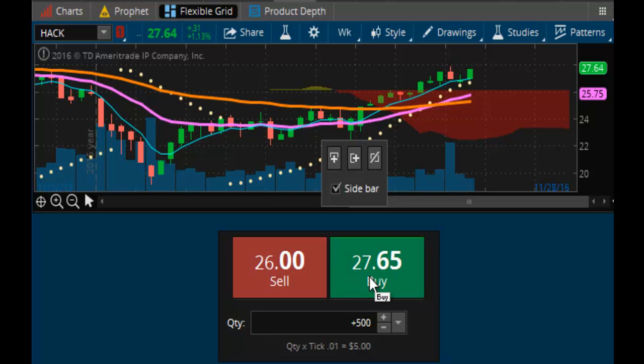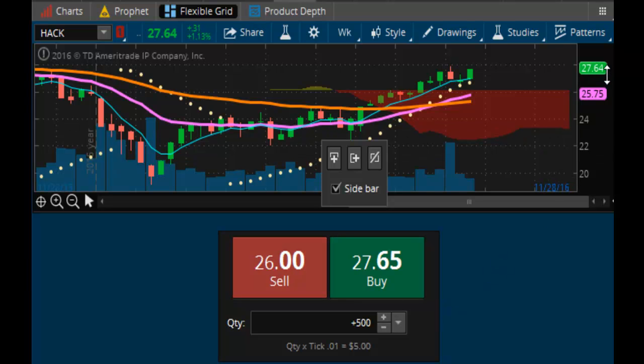If you were to place a market order, you could be filled anywhere within that spread. Typically, if you're going to buy at the market, you'll be filled at this price here. If you're going to sell at the market, you could be filled at this price here. Say for instance you pressed the sell button to sell at market, and you're filled short at $26 a share.